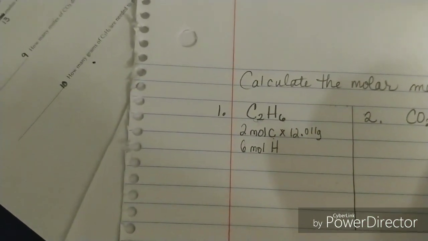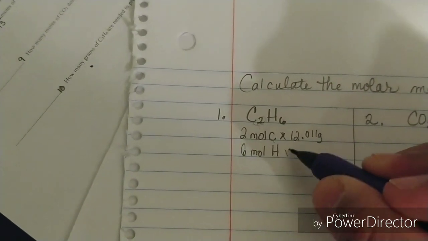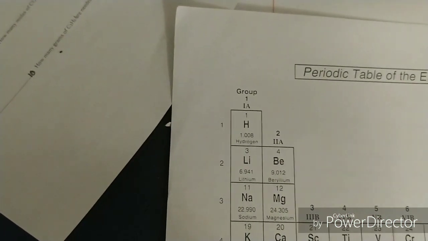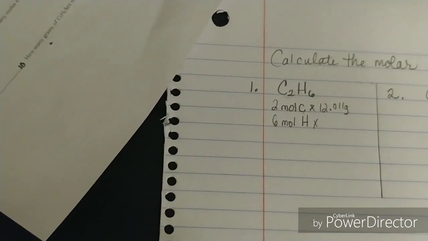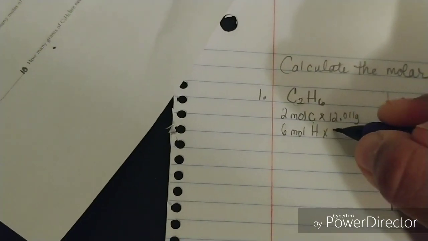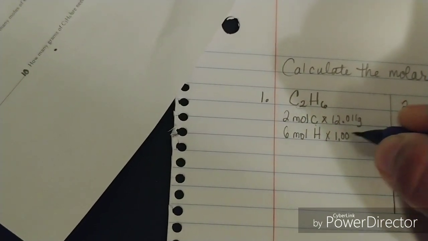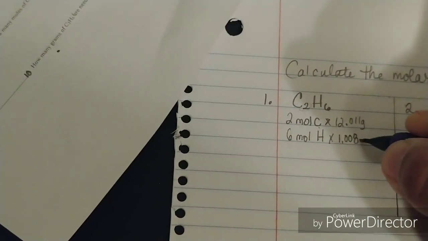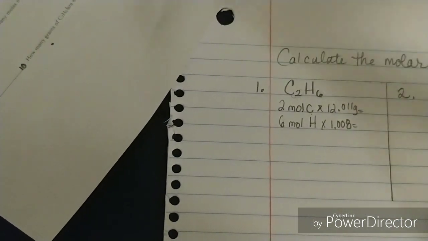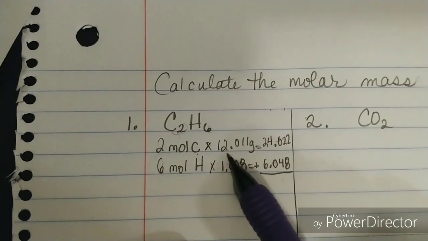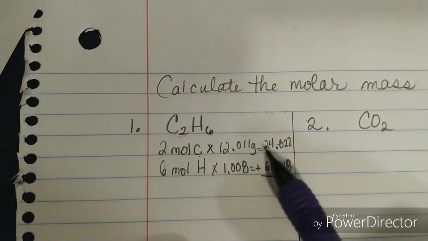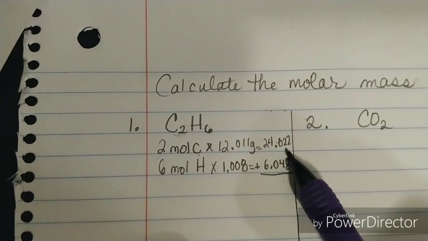Okay, you're going to do the same thing with the hydrogen. You're going to find the hydrogen. There it is. It's 1.008. And you're going to multiply the 6 moles by 1.008. Okay, so by multiplying the 2 and 12.011, you get 24.022.